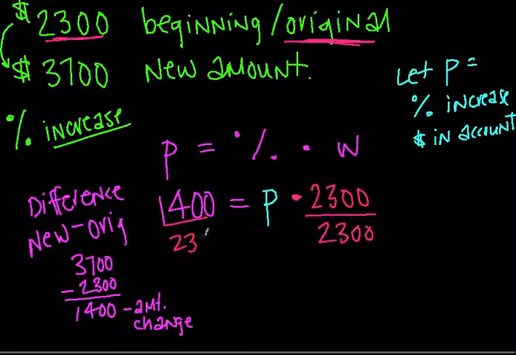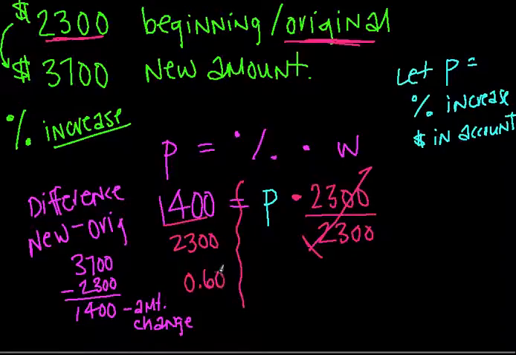You do one to one side, you've got to do to the other. This makes our big 1. 1,400 divided by 2,300 equals 0.608..., which we could round to 0.61, which is approximately P.